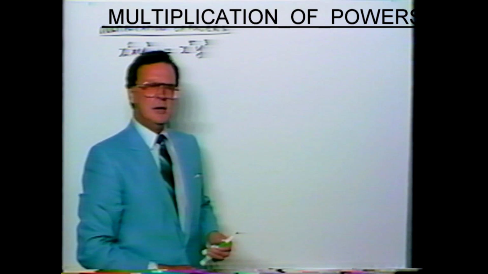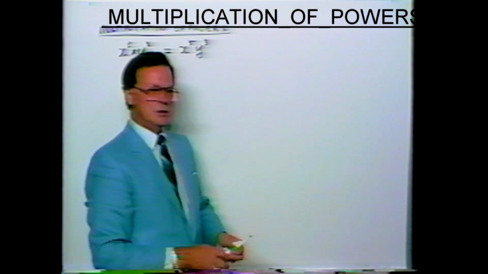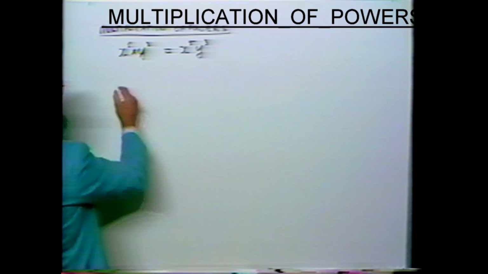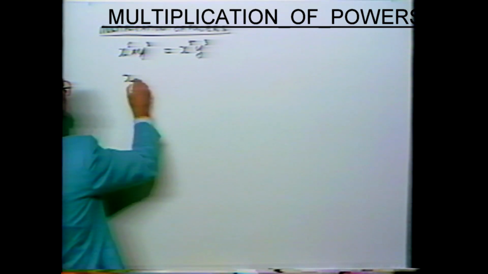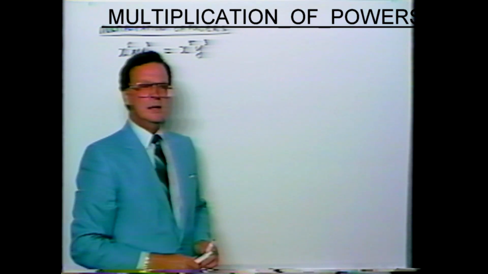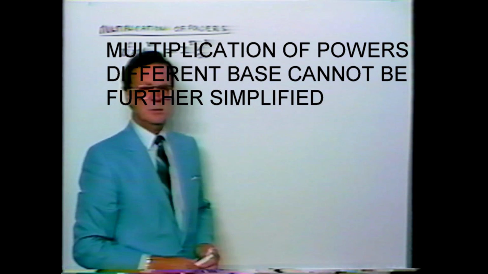But on the other hand, if we take two powers such as x to the 5th times x to the 3rd, the expression can be simplified.